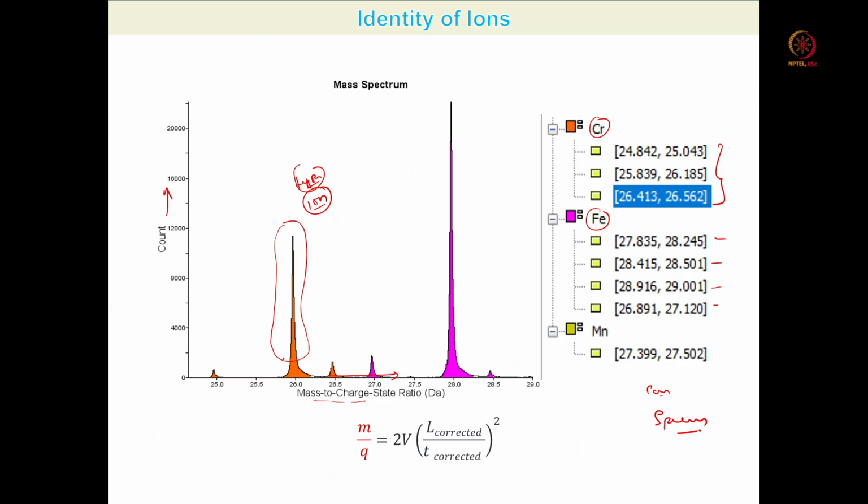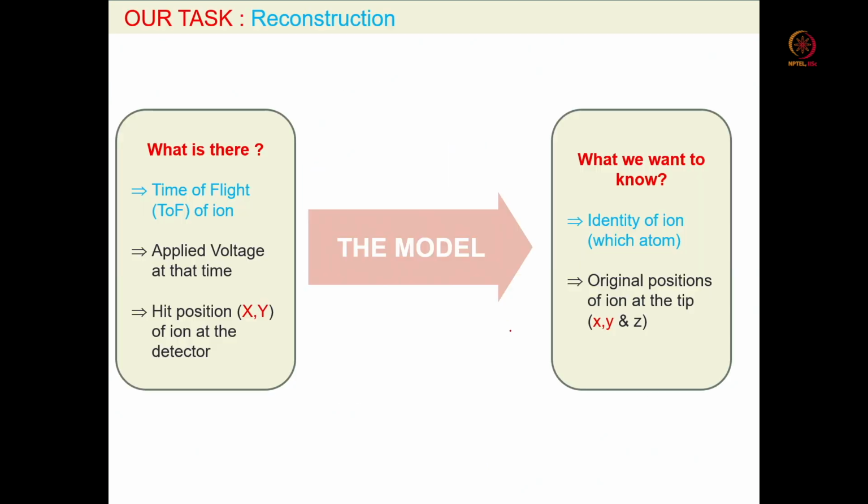And the width of the mass spectrum peak, which is m divided by delta m, is related to your mass resolution, okay? And the number of ions can be counted by ranging this particular peak, okay? So in this way we can identify different types of ions. These 3 peaks correspond to chromium, and these 3 peaks correspond to iron, correct? In this way we can range the mass spectrum.